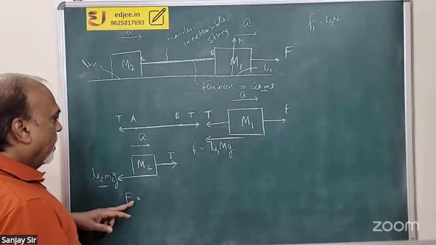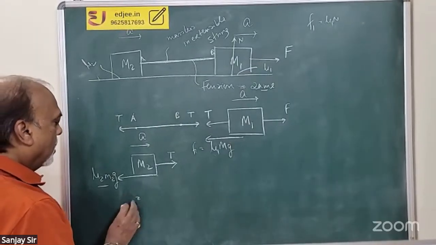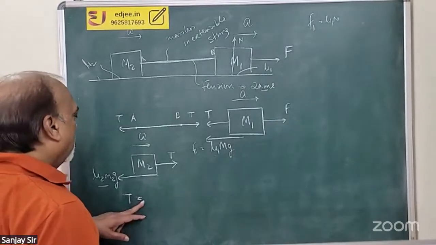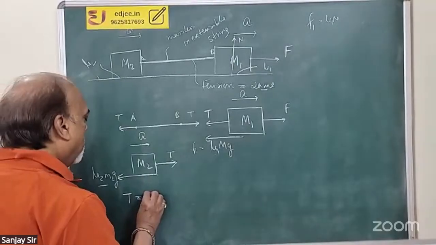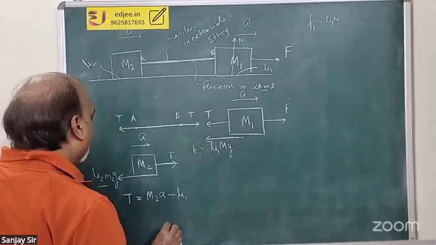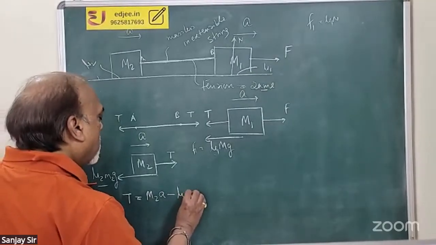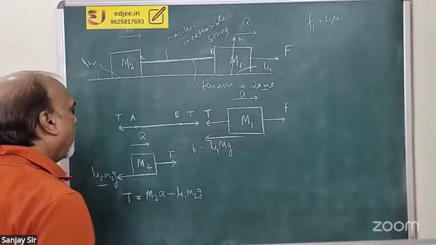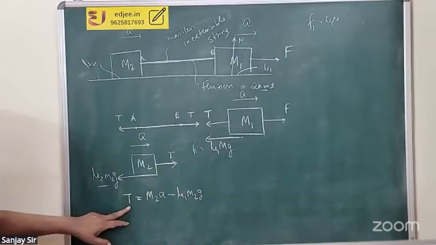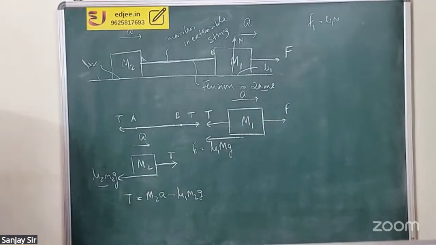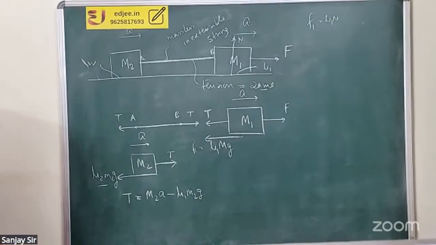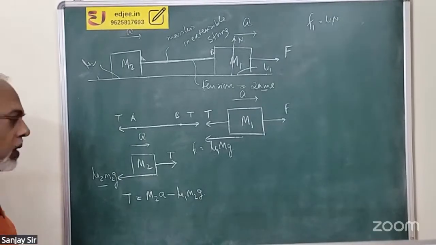So if this is moving with acceleration A, this will also move with acceleration A. That means your T is nothing but M2 A, sorry, this will be plus.